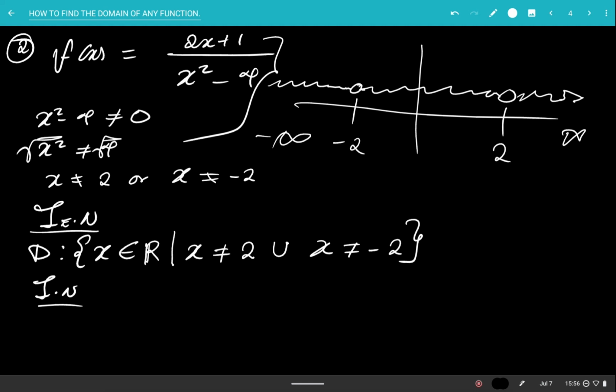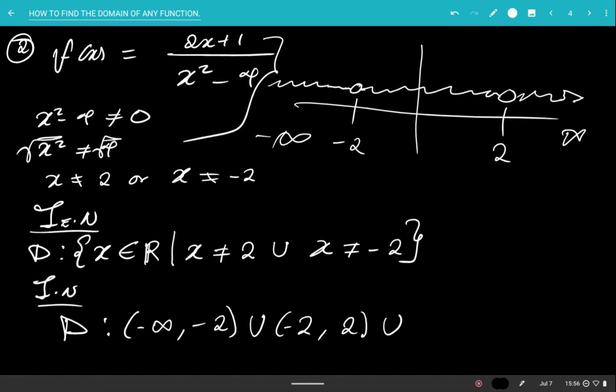So with the interval notation, my domain will simply run from minus infinity to minus 2, not including minus 2, then from minus 2 to positive 2, not including positive 2, and from positive 2 to positive infinity. So this is the domain for the given function in interval notation.